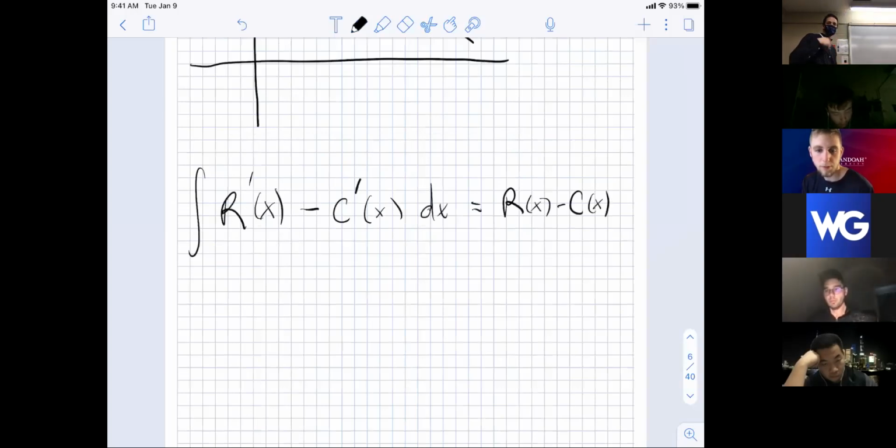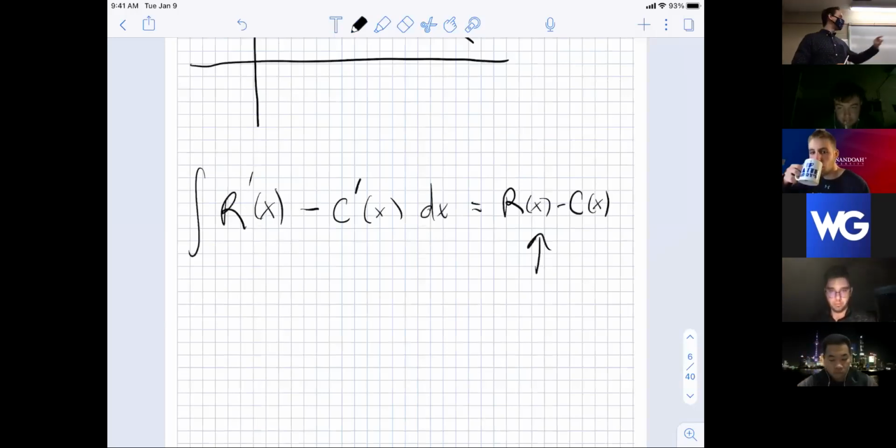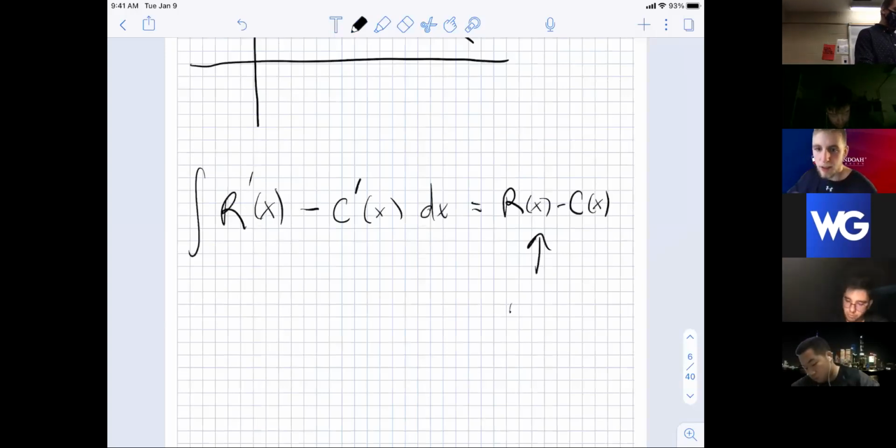Okay, so just the indefinite integral gives me what? What is revenue minus cost? Profit. That's exactly right. This tells me the profit if I'm selling x cell phones.